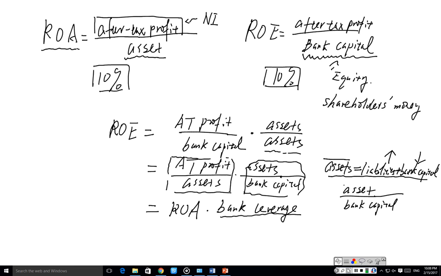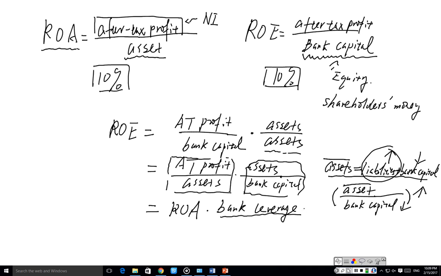So if the bank uses more debt, asset remains the same, and bank capital will go down. We use the same number divided by a smaller number, bank capital, so the whole ratio here will increase.